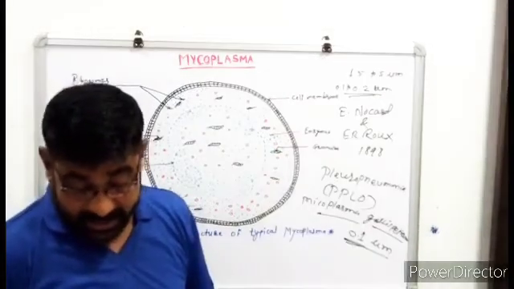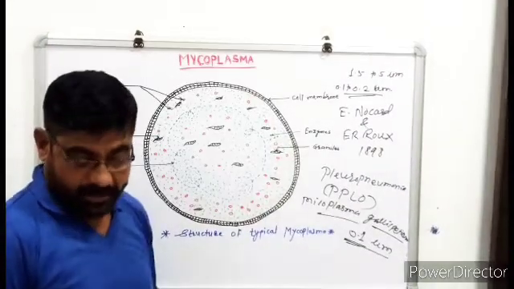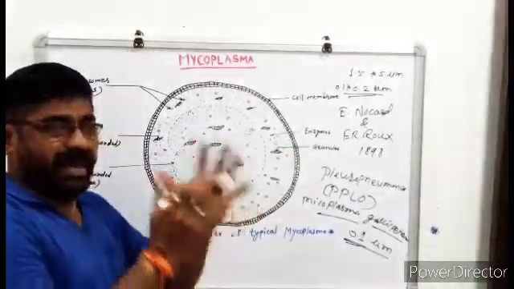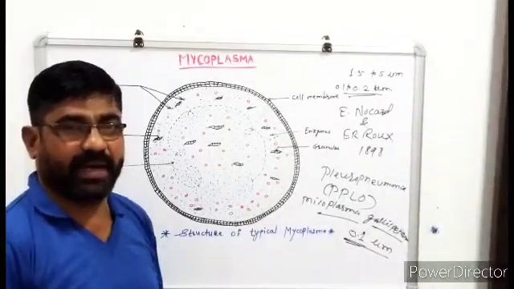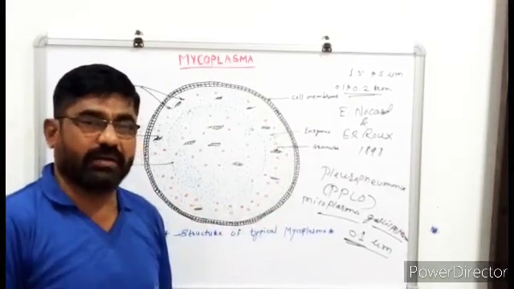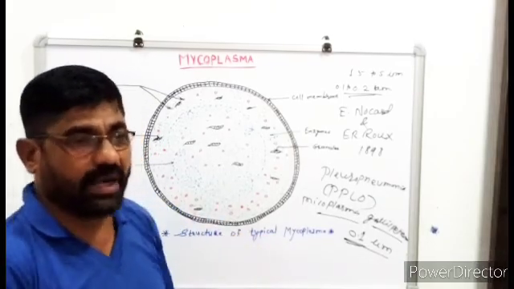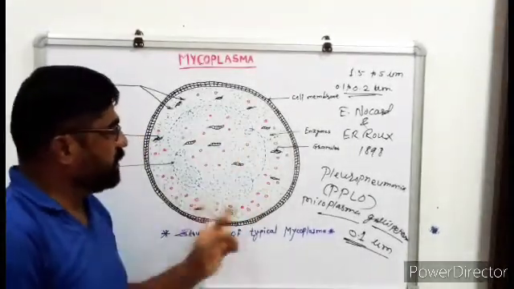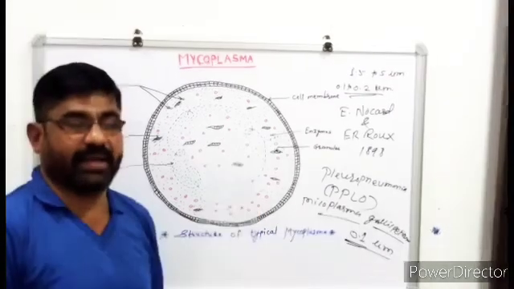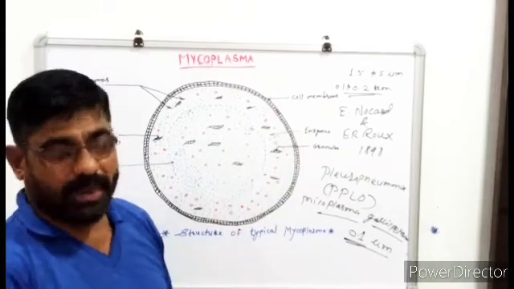Okay, because they mimic and change their shape according to the conditions of the infective stages in plants or animals, and so because of their changeable shape, mycoplasmas are called the jokers of the microbiology.